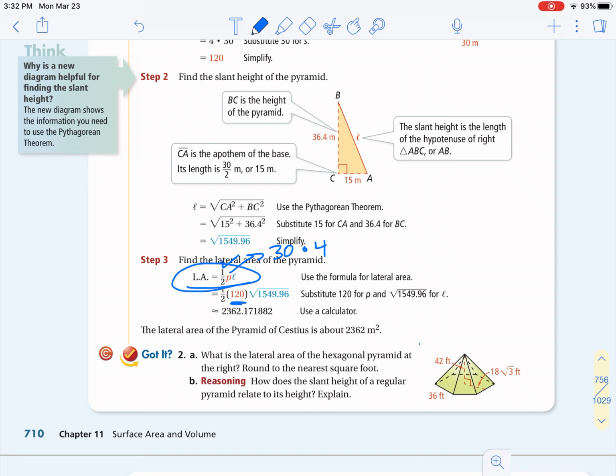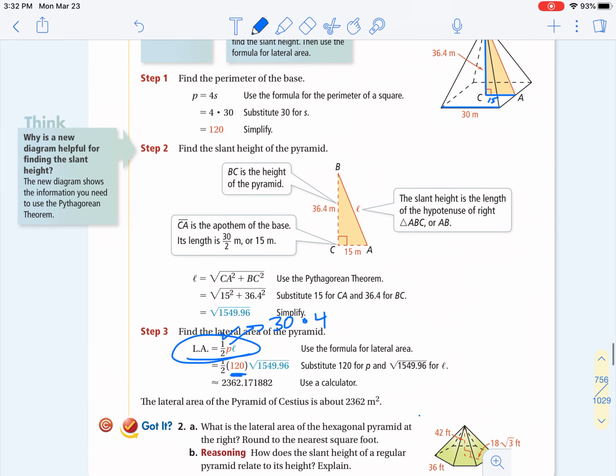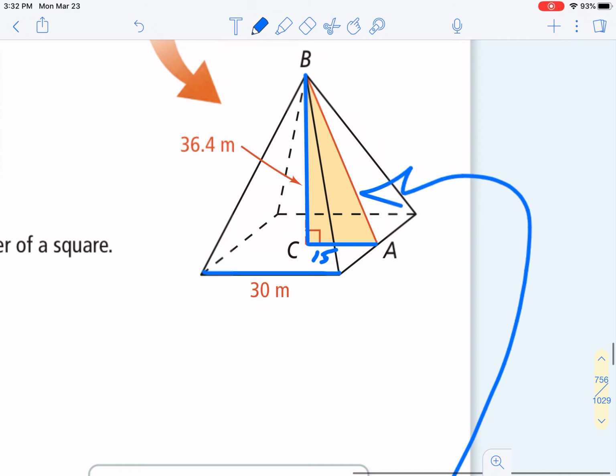But how do we get our slant height? I'm going to take this arrow. How do we get that one right there? That's the one we need. If you take a look, we simply have a right triangle formed by the apothem and by the height.